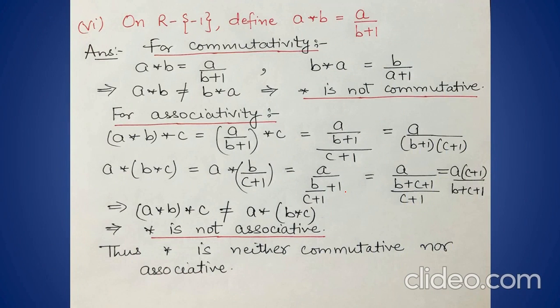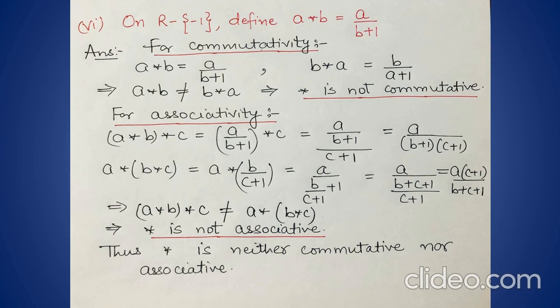Now moving on to sixth one. Sixth part says, on R minus -1, that is set of real numbers excluding element -1, define a star b equal to a upon b plus 1. अब यहाँ पर हमें बाइनरी ऑपरेशन स्टार डिफाइन किया हुआ है, a star b equal to a upon b plus 1.